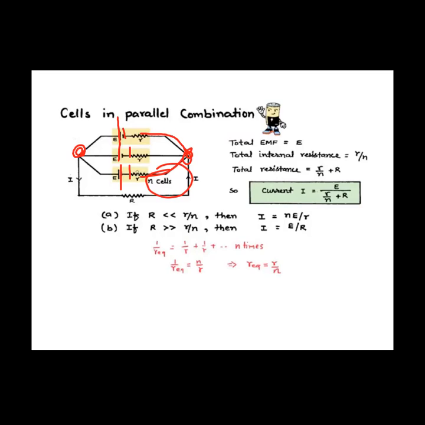Now, each of these cells has the EMF E, and the internal resistance of each cell is r. Means they have the same EMF and the same internal resistance, so we have connected identical cells.